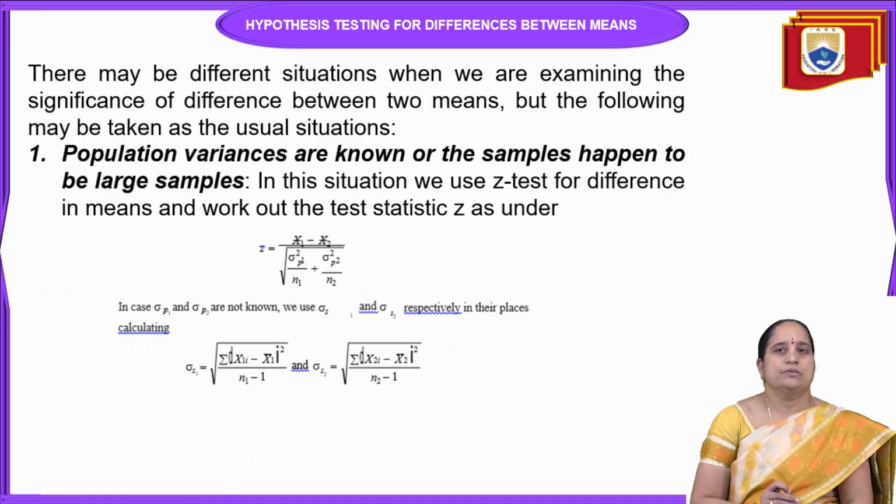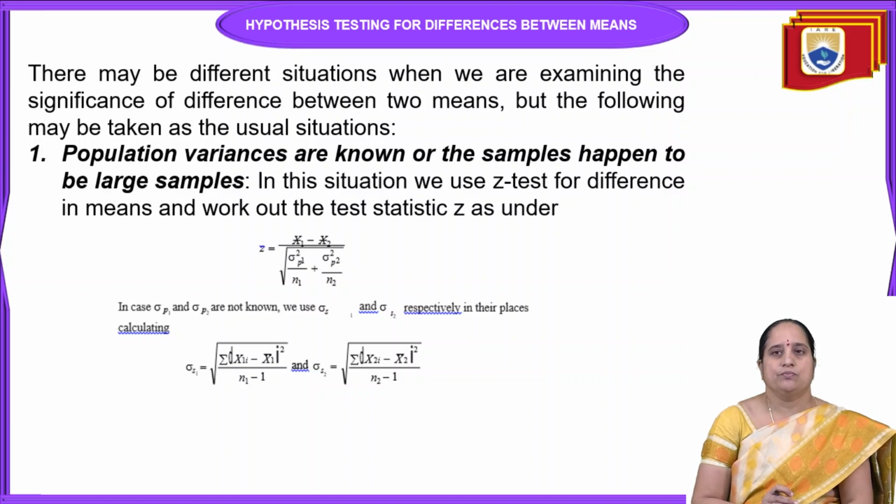There may be different situations when we are examining the significance of difference between two means, but the following may be taken as the usual situations. The first situation is that population variances are known or the samples happen to be large samples.